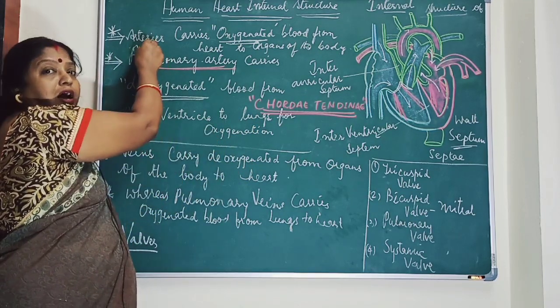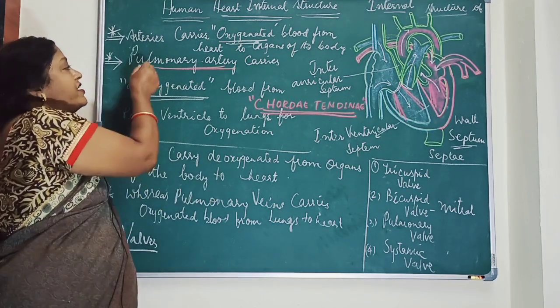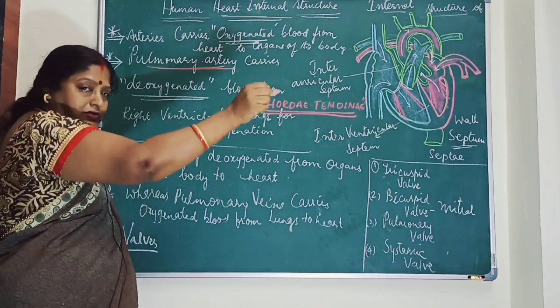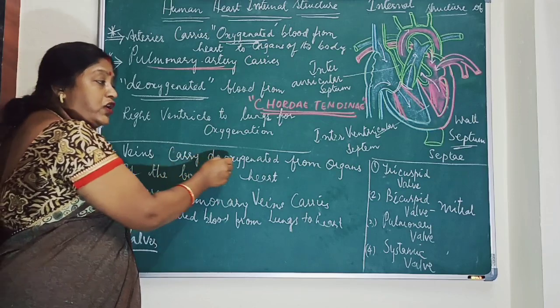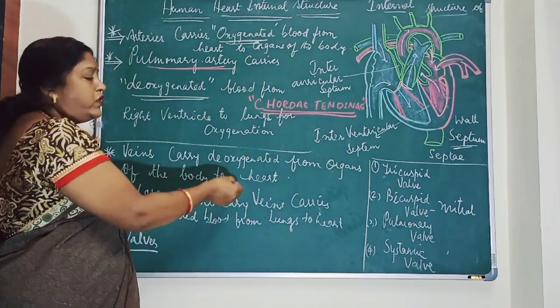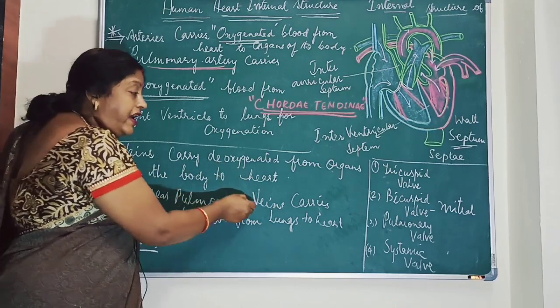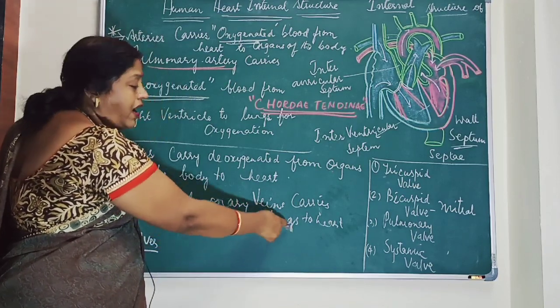Okay, so all the arteries carry oxygenated blood from heart to all the parts of the body, whereas pulmonary artery carries deoxygenated blood from heart to the lungs for oxygenation. Just like that, veins carry deoxygenated blood from the organs of the body to the heart. Okay, whereas pulmonary veins carry oxygenated blood from the lungs to the heart.